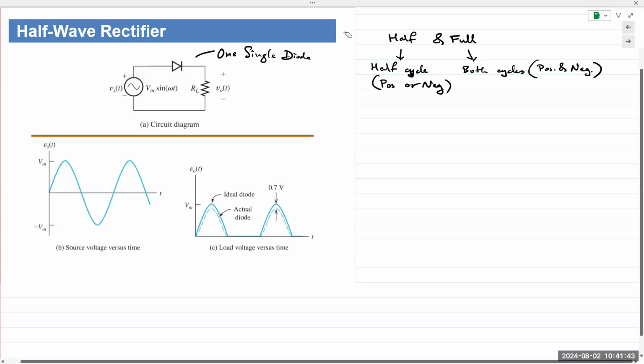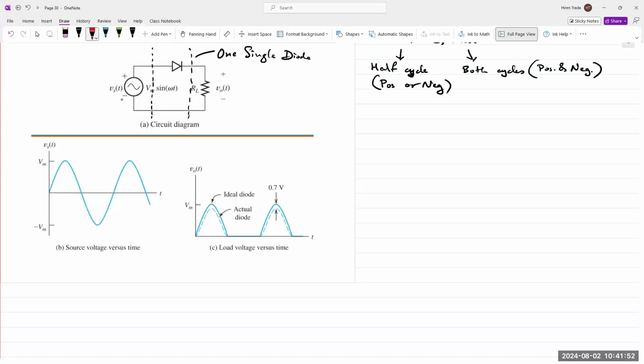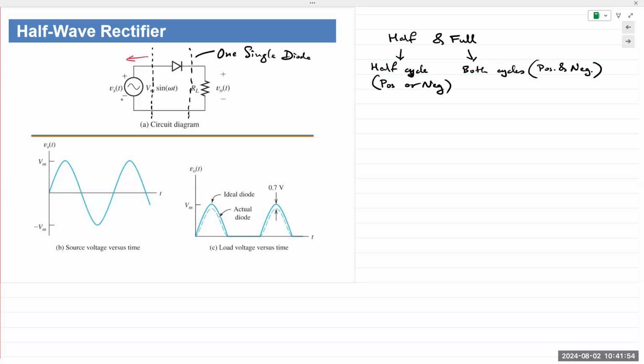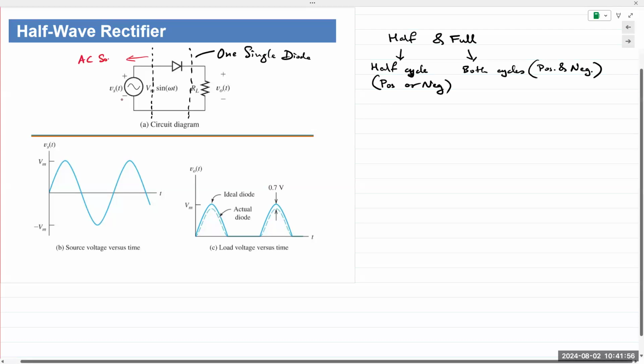If I were to break this circuit up as a real life example, let me change the color. This would be my AC source, perhaps a wall outlet.